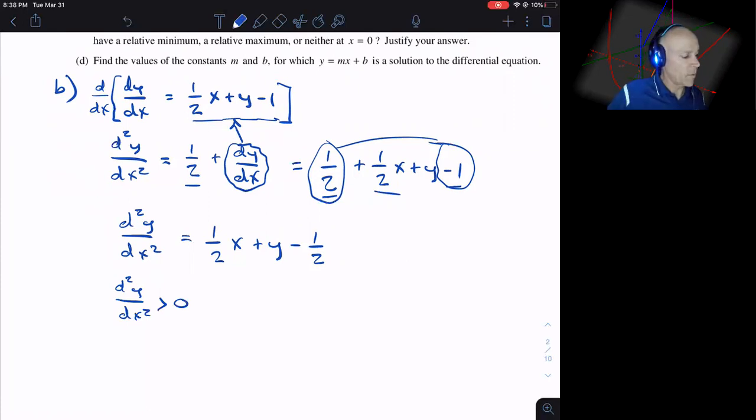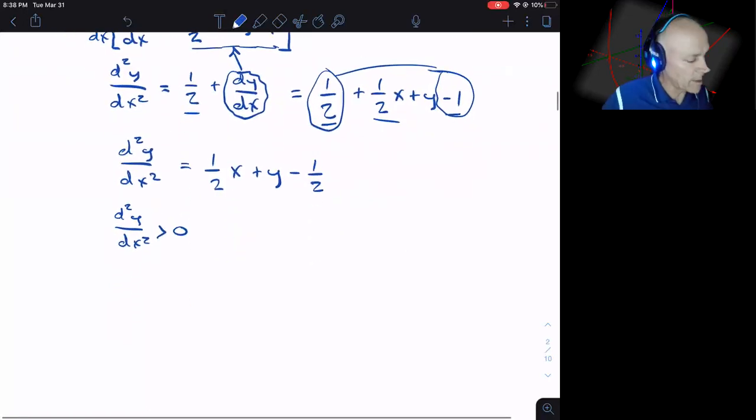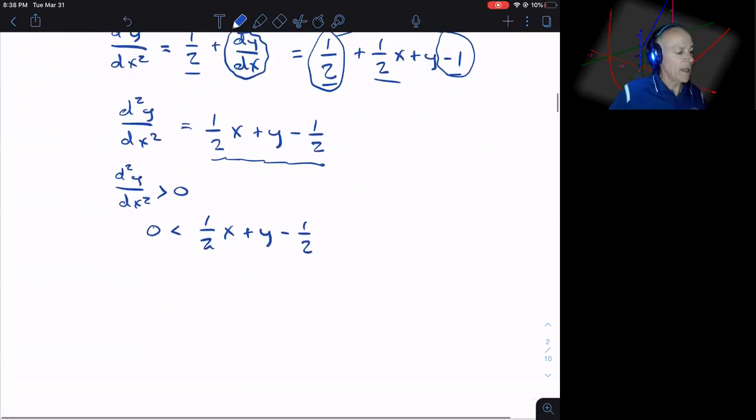So what I'm asked to do is look where this side of my equation is going to be greater than 0. So I'm going to set that up, 0 is less than 1 half x plus y minus 1 half.